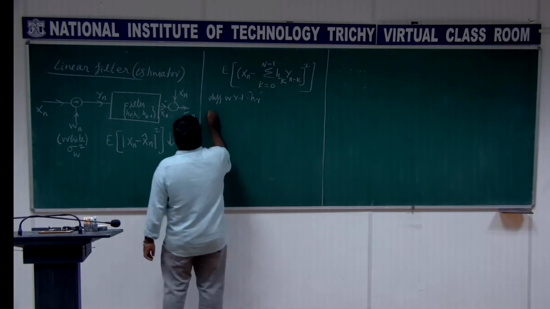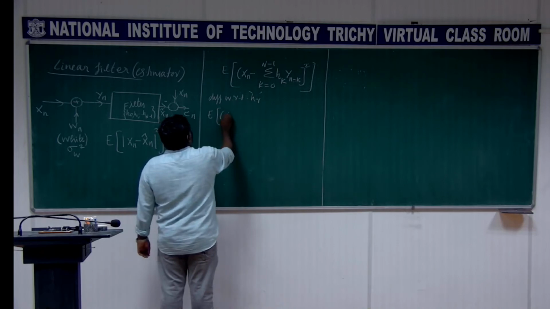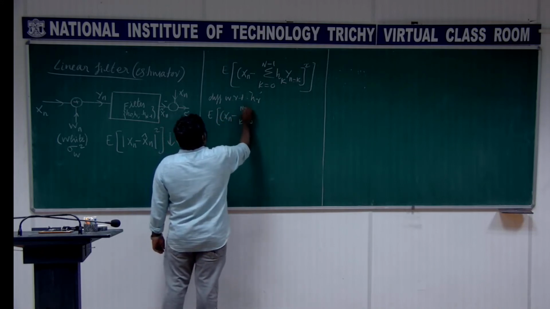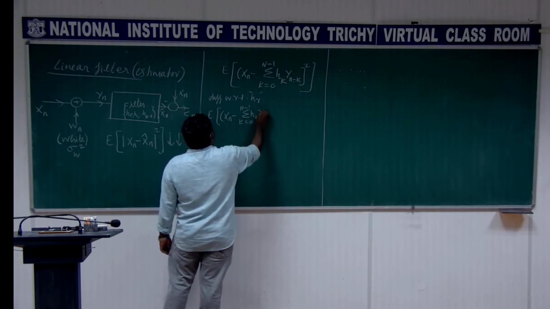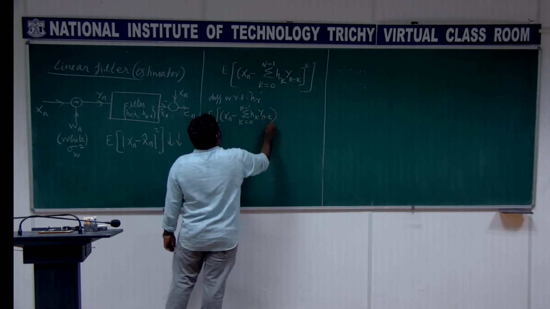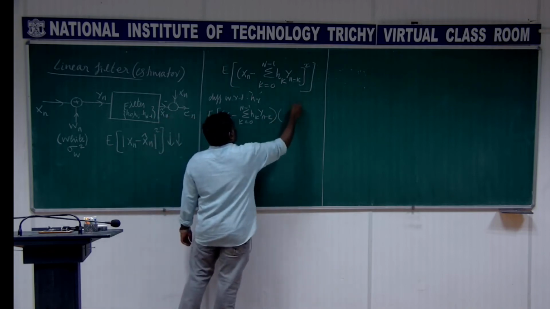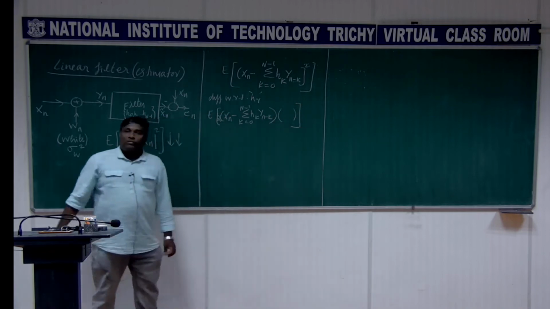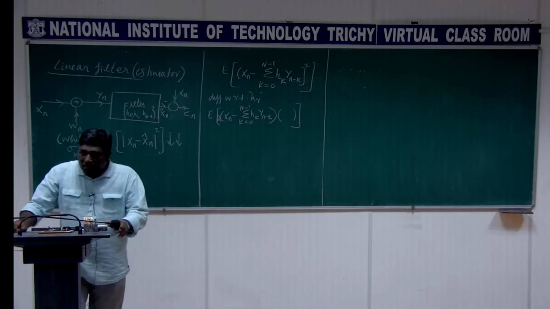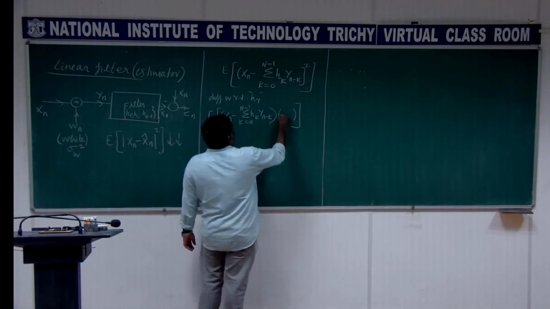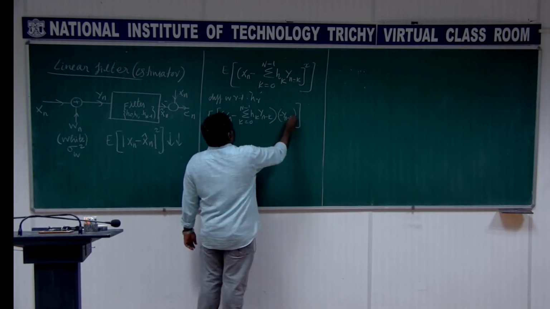So what is it that you get? Expectation of Xn minus sigma k equal to 0 to n minus 1 Hk Yn minus k, 2 times, and we have to look for the coefficient of Hr. So that is nothing but minus Yn minus r.